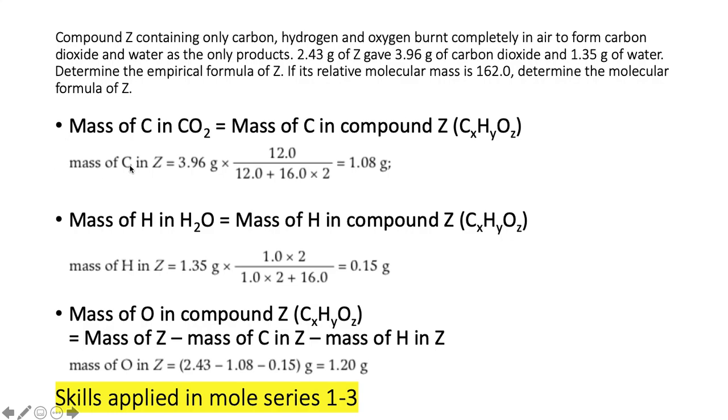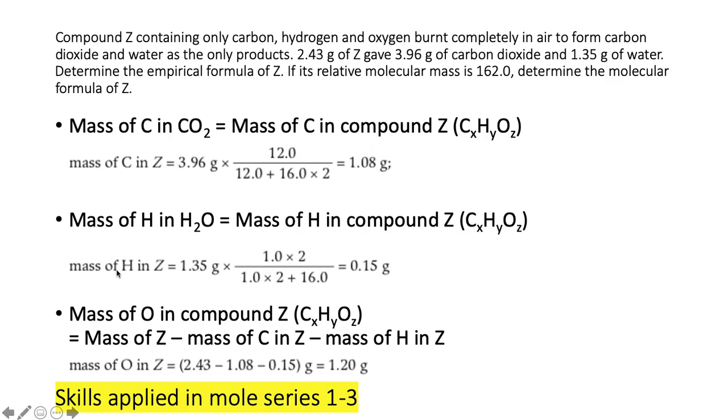The mass of carbon in compound Z is found by considering the carbon dioxide: for 3.96 grams of carbon dioxide, there's a certain percentage by mass of carbon, and hence you can find the mass of carbon in it.